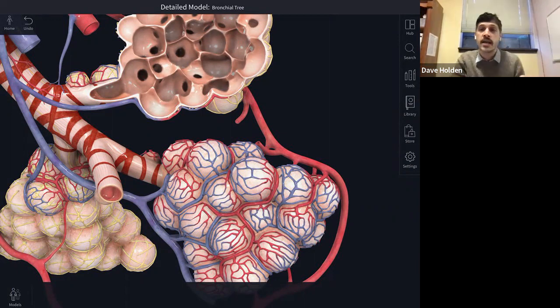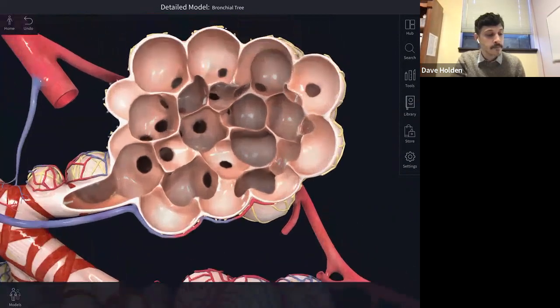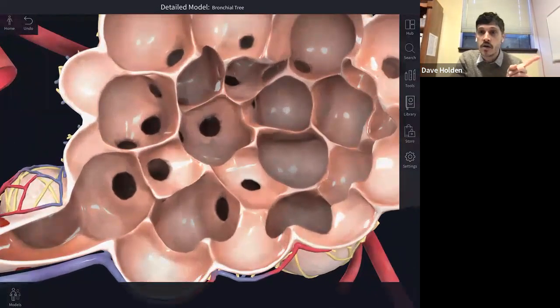Now, this is where smoking comes in. You guys are familiar with the condition called COPD, chronic obstructive pulmonary disorder? COPD is a secondary condition that arises from cigarette smoking. And what happens with COPD is all of these little walls start to break down. They become damaged, they get replaced with scar tissue.